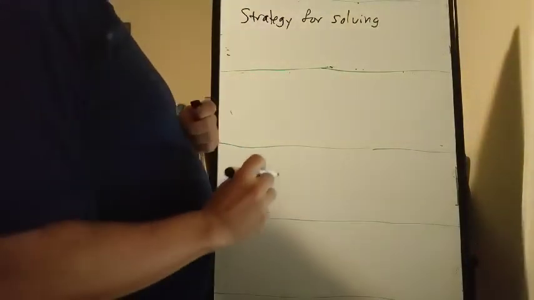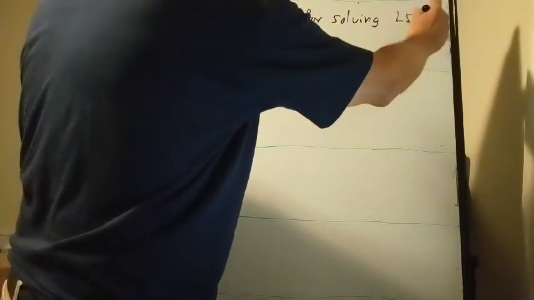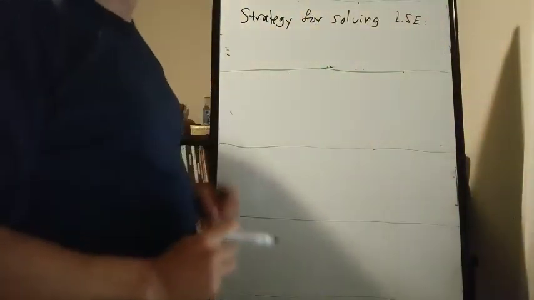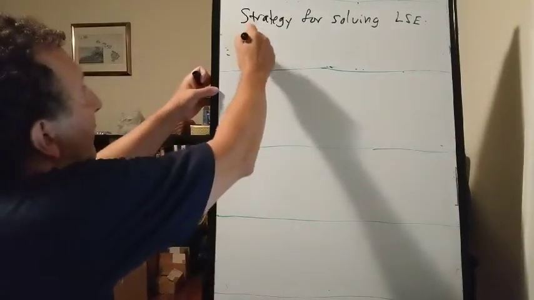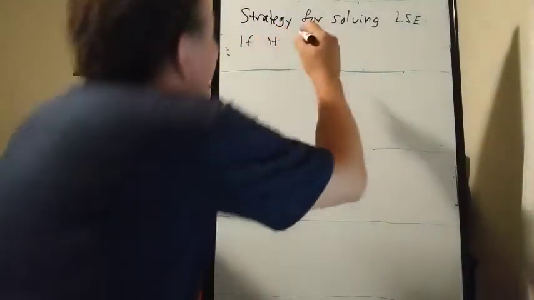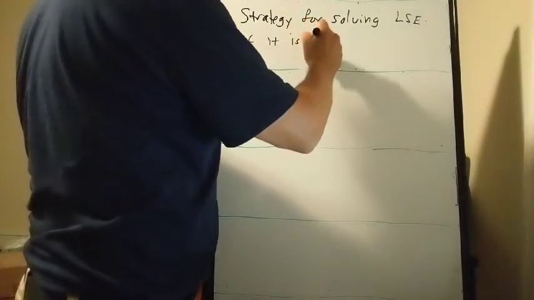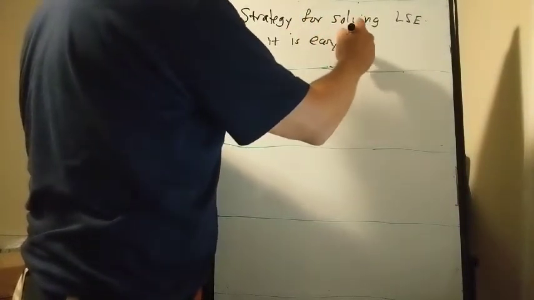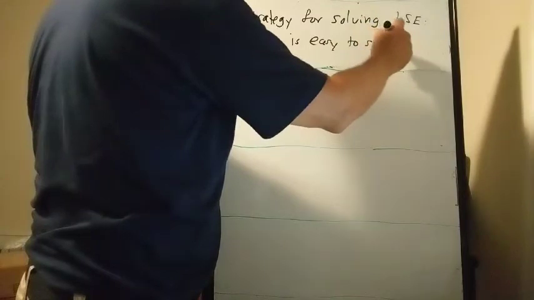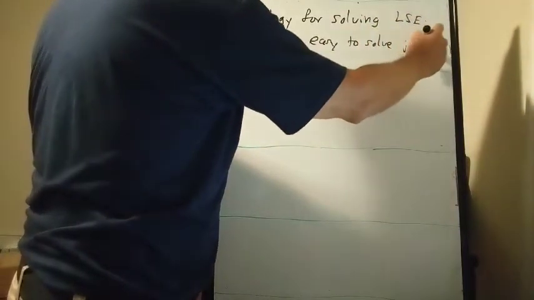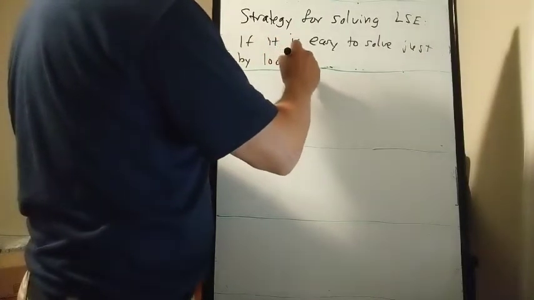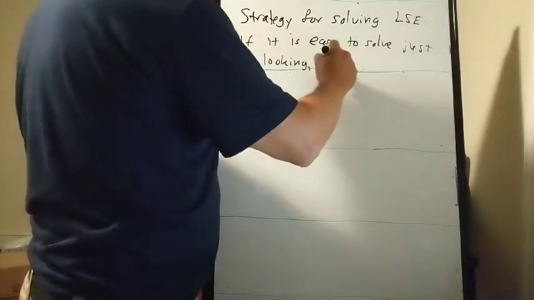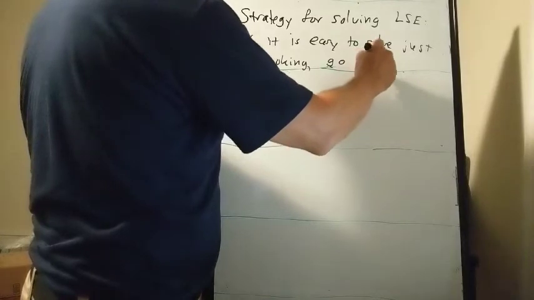a linear system of equations is, now some of these are easy to solve just by looking at them. So if it's easy to solve just by looking, then go ahead.